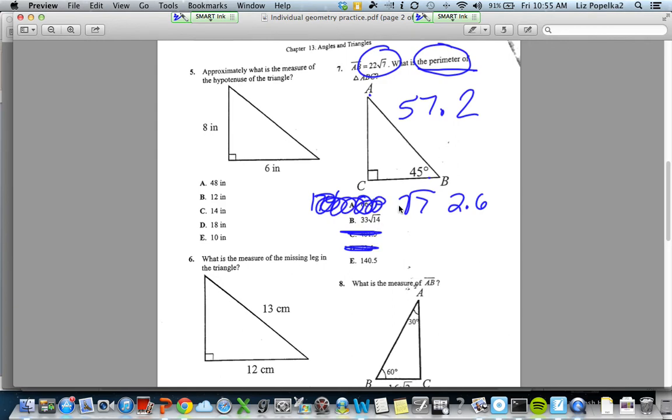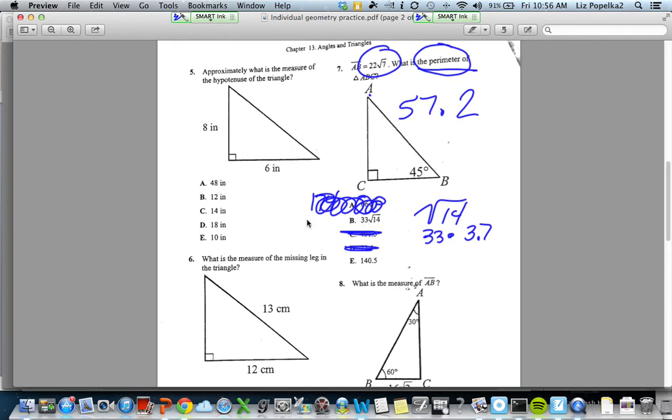Now I'm going to try my second option. I'm going to put in my calculator the square root of 14, which gives me 3.7-ish. So I'm going to do 3.7 times 33, because this 3.7 sitting next to the 33 means you're going to multiply.